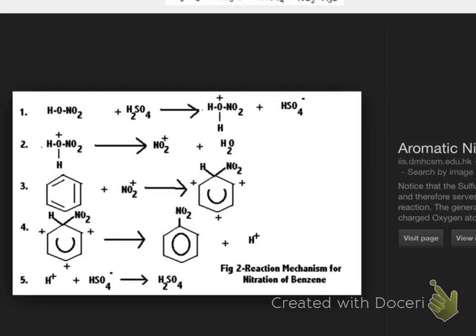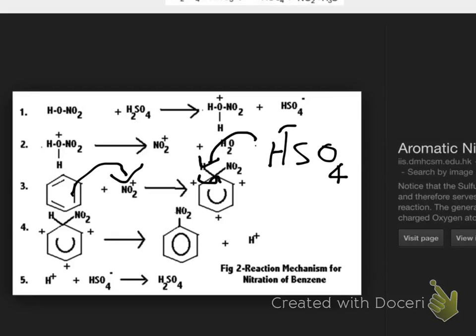And then that nitronium ion reacts with the benzene ring because we've got electron density, so we have a curly arrow going from my benzene ring to my nitronium, and then I have HSO4 minus. So that then takes that hydrogen, so I reform H2SO4, which is my H plus there, so the H2SO4 is acting as a catalyst.